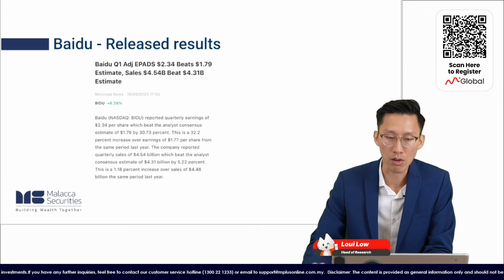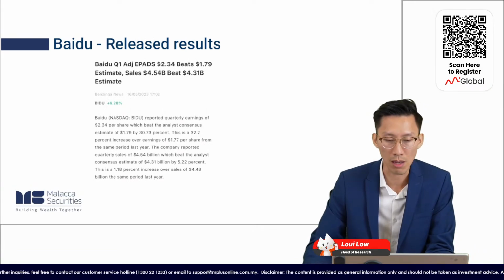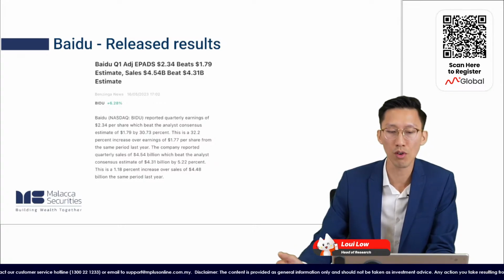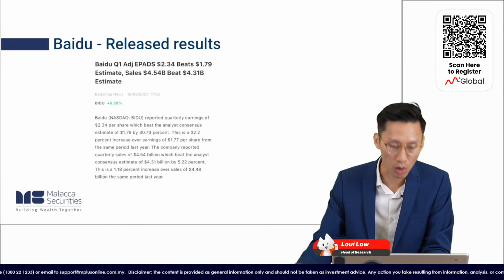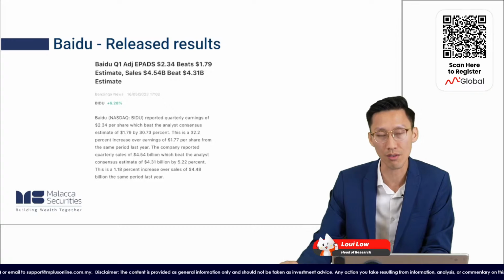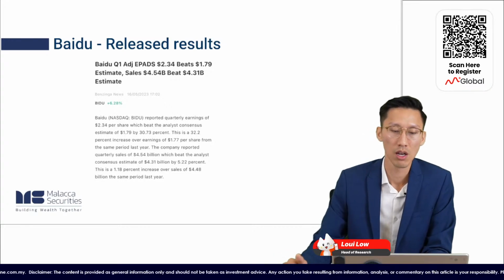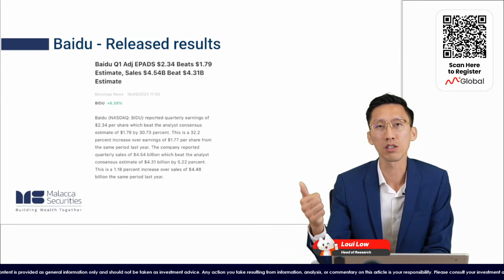And the recent release of results, just released about 5 p.m. just now, shows earnings of $2.34 per share, which beats the analyst consensus estimate of 1.79. That is a very huge beat, which means that it is already growing, first of all, and strong growth.